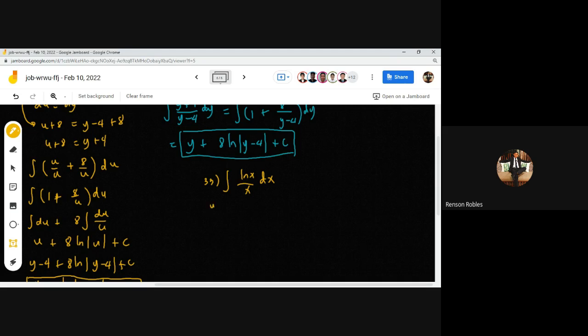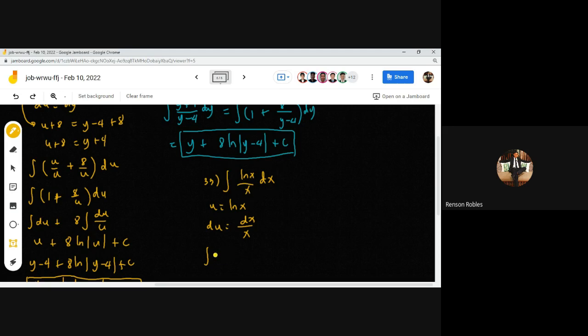Let u be equal to ln of x, du is dx over x. So we can now see that by change of variable, you have the integral of ln x, which is your u, and then this dx over x will go along together to represent du. All right, diba?